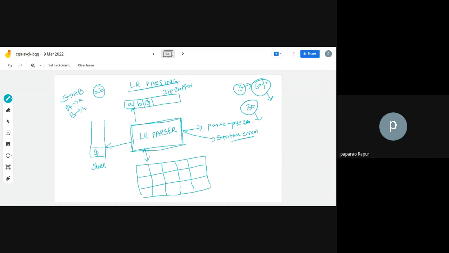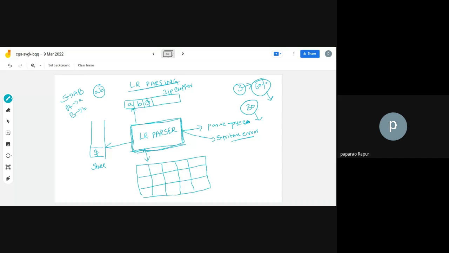Here we are using the LR parser, which is a bottom-up parsing algorithm, and any algorithm follows the same method. That's why I am giving the algorithm first, and I will explain the procedure over the next half an hour.